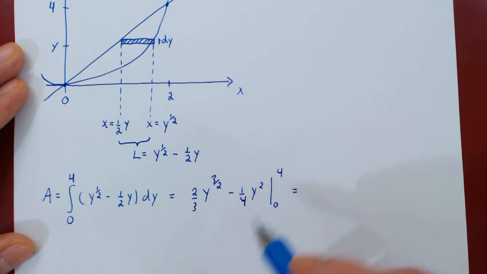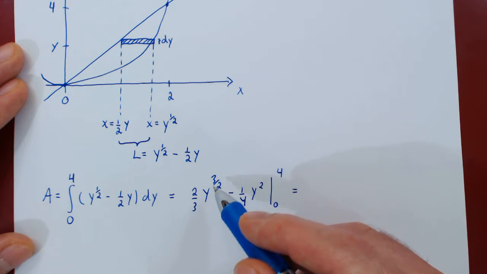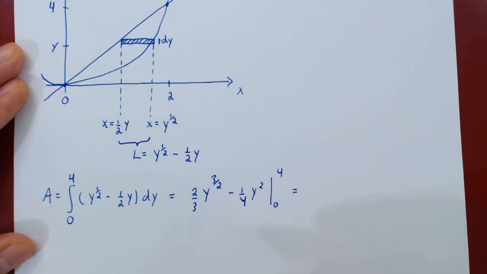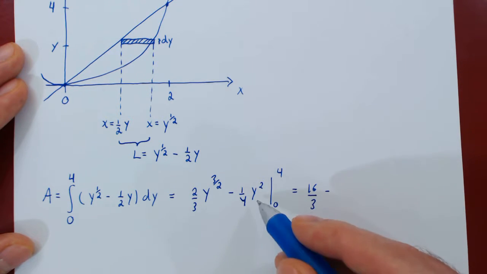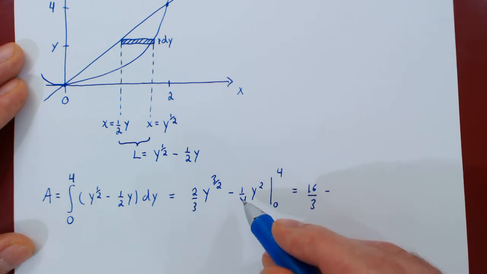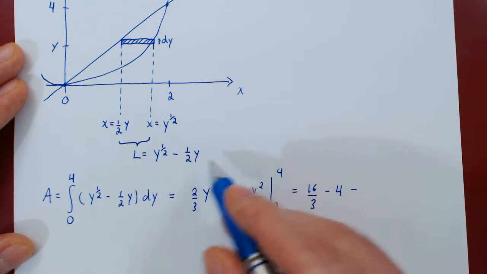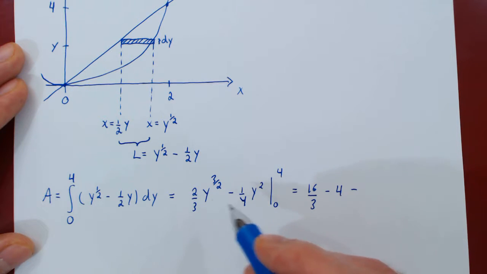Now we replace y by 4. So 4 to the 3/2. Apply first as a square root. The square root of 4 is 2. 2 cubed is 8, times 2 is 16, so we have 16 over 3. Minus 4 squared is 16, over 4 is 4. Minus the antiderivative when y is equal to 0, which of course is simply 0.